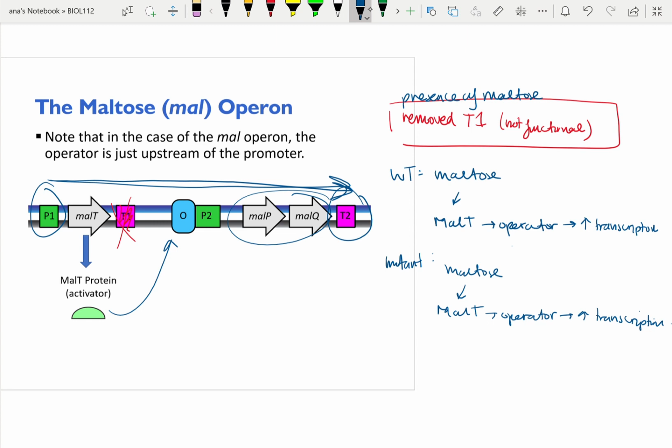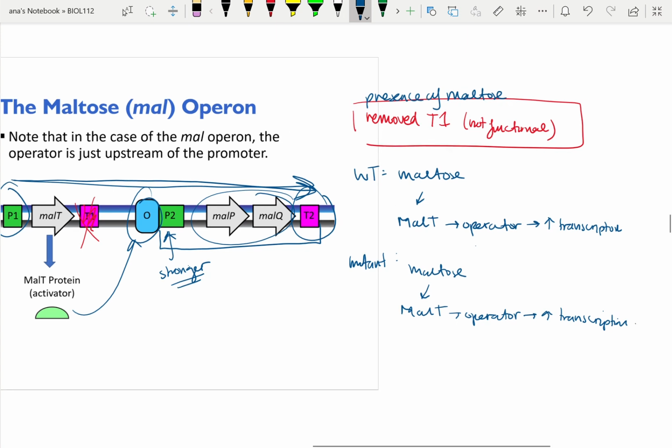So not only are we transcribing from P2 to T2 with now a much stronger promoter, right? This is now stronger because MALT is binding to our operator, but then we also have this additional level of transcription that's coming from RNA polymerase binding to P1 and then going all the way to T2.